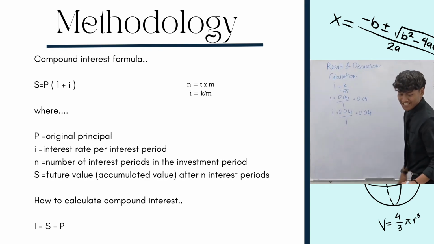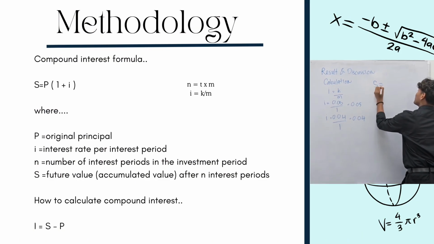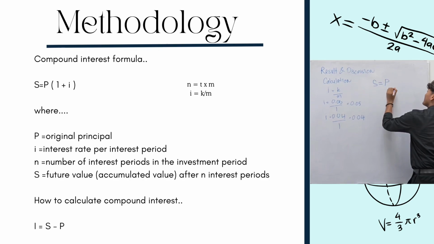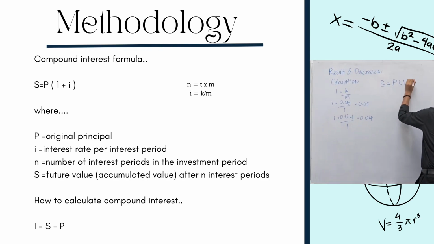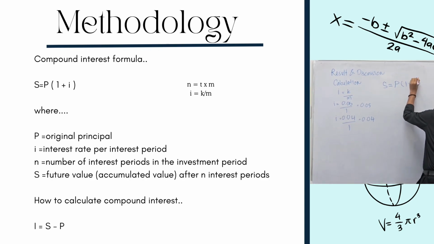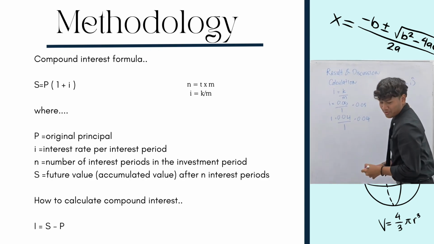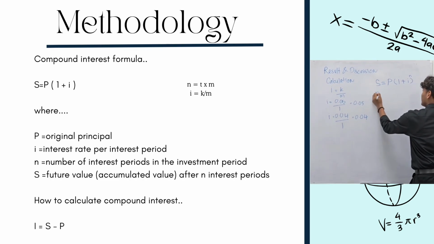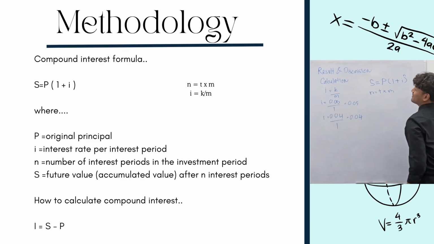For S, the formula is S equals P(1 + i)^n. For the n, the formula is n equals t times m.